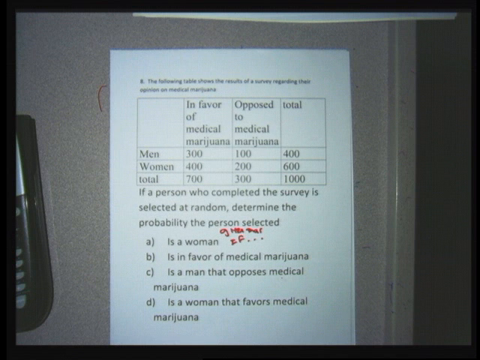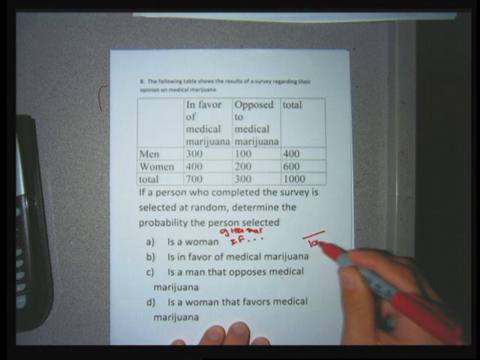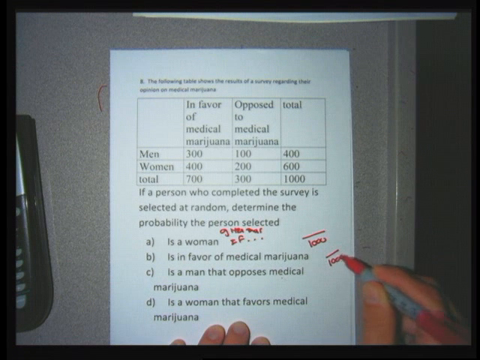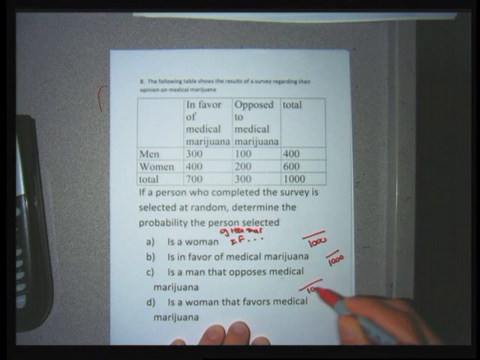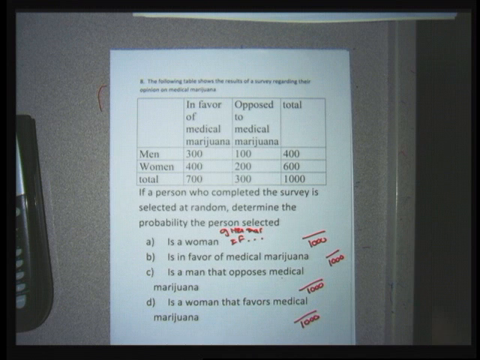So for each of the parts of number 8, A, B, C, and D, I'm going to form a fraction, and for each, the denominator is going to be 1,000 because there were 1,000 people surveyed. To get the numerators, I just look at the question and interpret what number or sum of numbers from the chart I need.